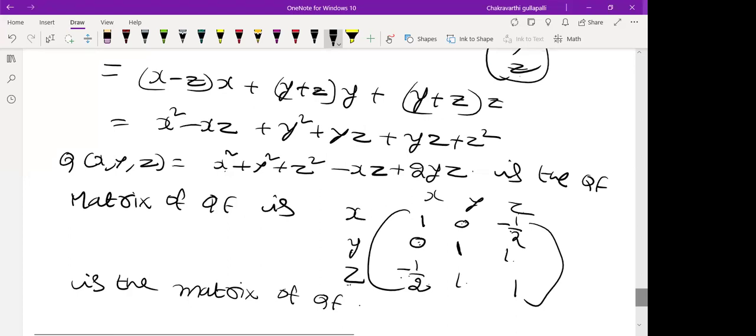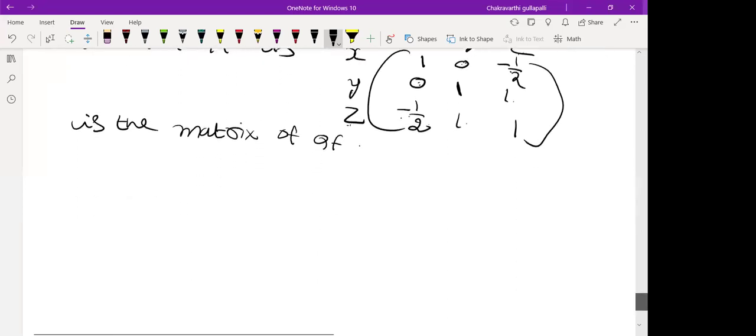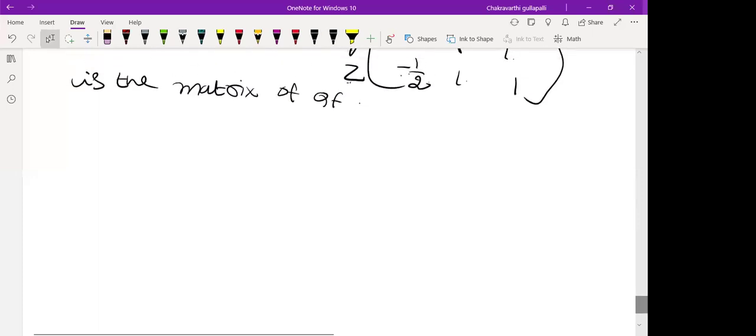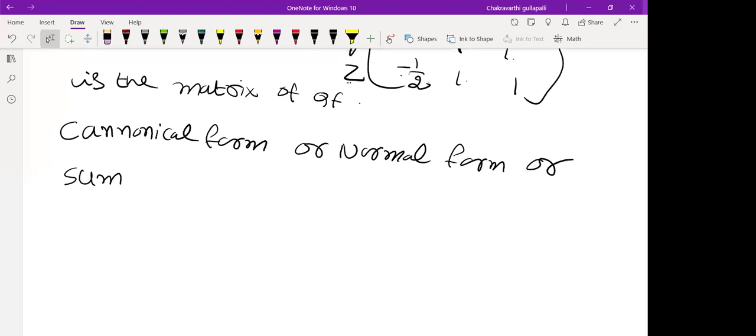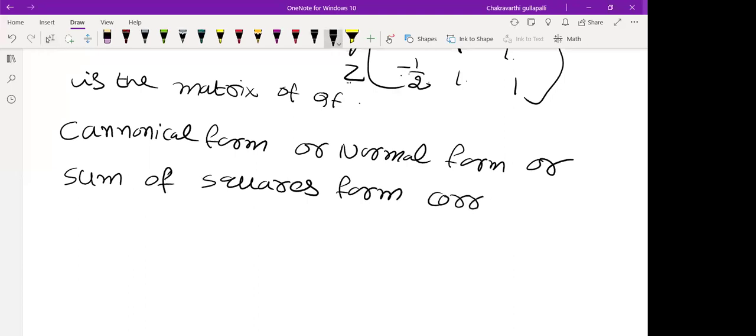Suppose the matrix is diagonalizable. Then what is called the canonical form, or the normal form, or the sum of squares form, corresponding to the given quadratic form?